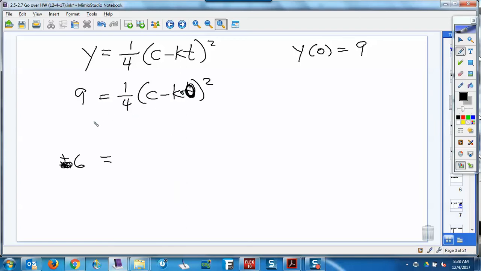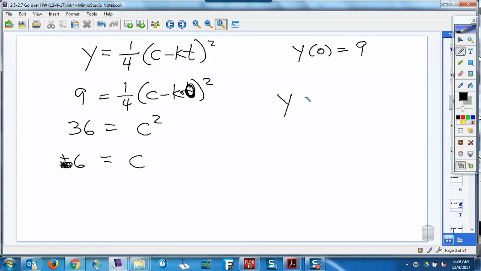I normally would have done 36 equals C squared, and that actually would have made it tougher right there, because I would have said, okay, C, why wouldn't I get plus or minus 6 here? But we have to understand that this side is really C minus KT. It's just that the KT wiped out with 0. So that actually made it harder to imagine. Okay, so C is going to be 6.